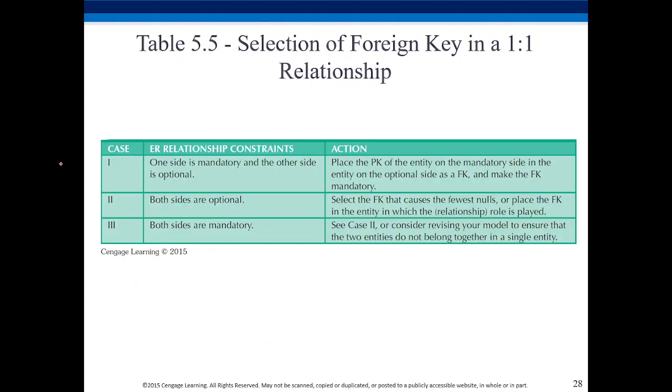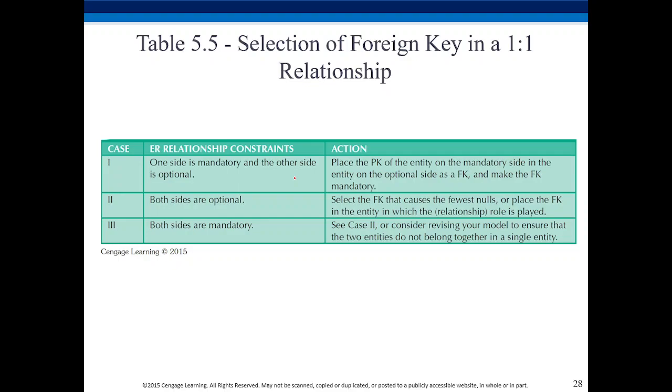So if you place the foreign key on one side only, we place the primary key of the entity on the mandatory side into the entity on the optional side and make the foreign key mandatory. So in this case, the constraint is that one side is mandatory and the other side is optional.